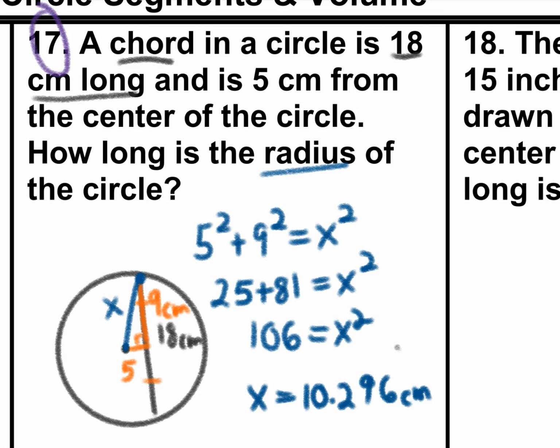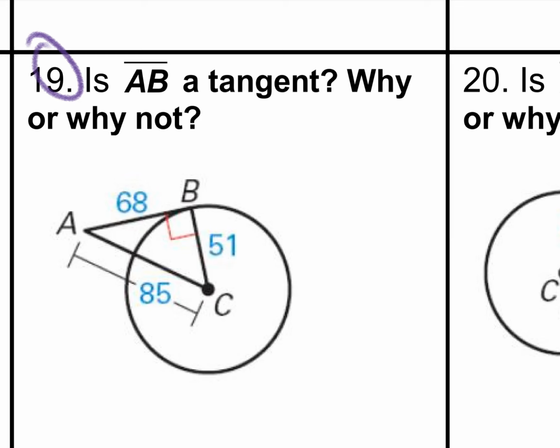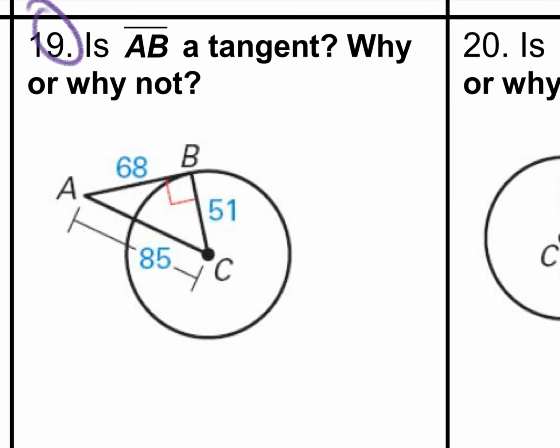Okay, and the last problem we need to look at is problem number 19 for this video. In this one, it's asking a question: is AB tangent to the circle, why or why not? First, let's talk about what it means for a line to be tangent. For this line to be tangent, it would need to touch the circle at one point, and when a line is tangent, it has to be perpendicular to the radius.